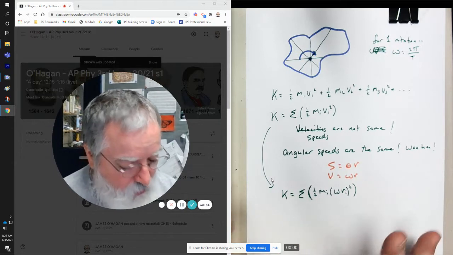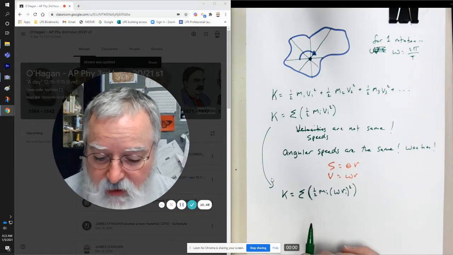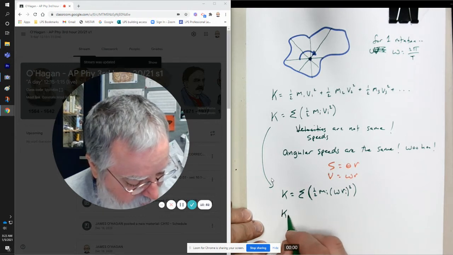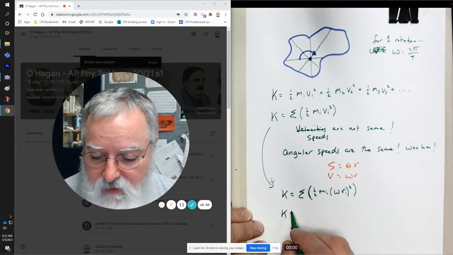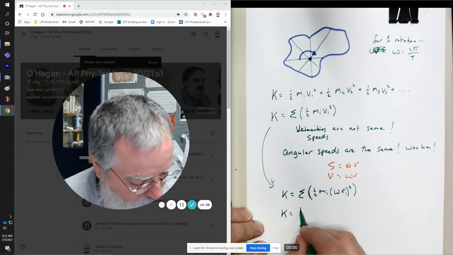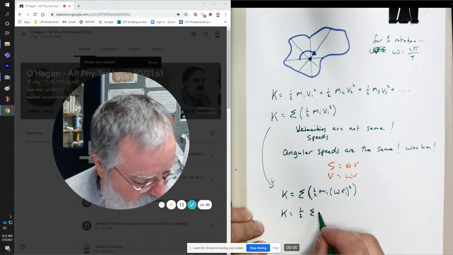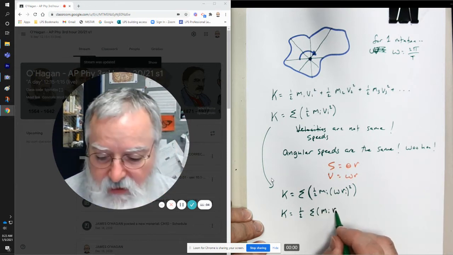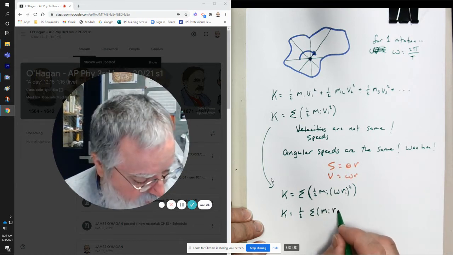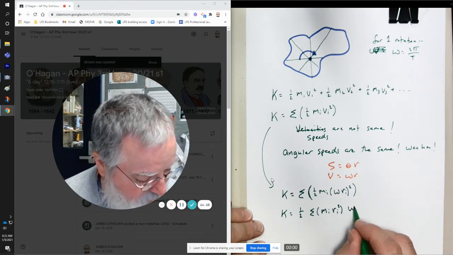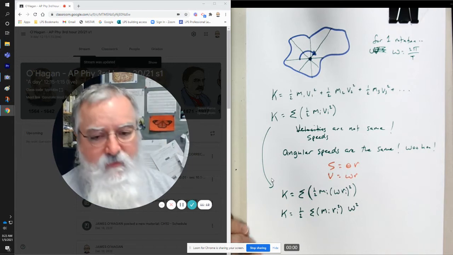Okay, so now I'm going to rearrange this ever so slightly. And here's my rearrangement. Kinetic energy equals 1/2 the summation of m_i, r_i squared, times angular velocity squared.